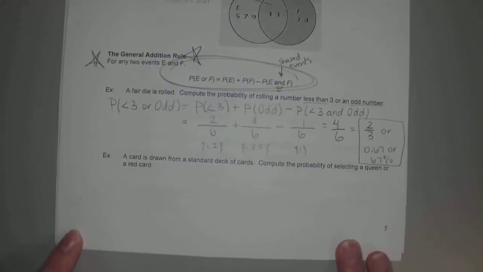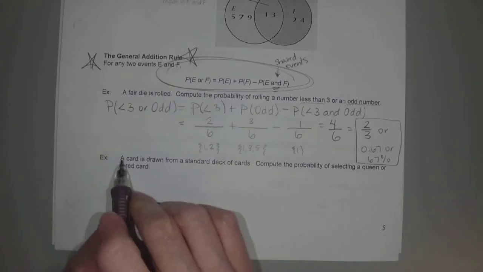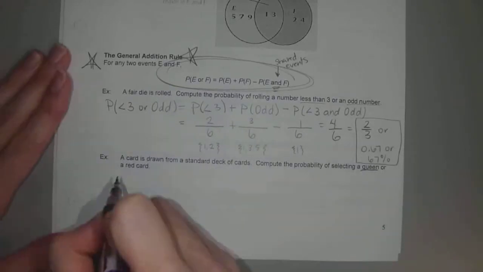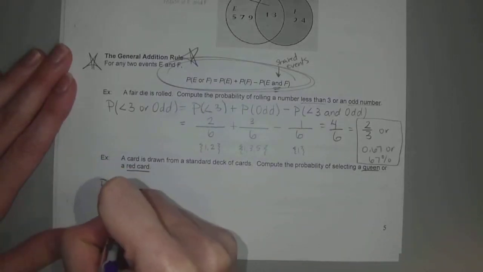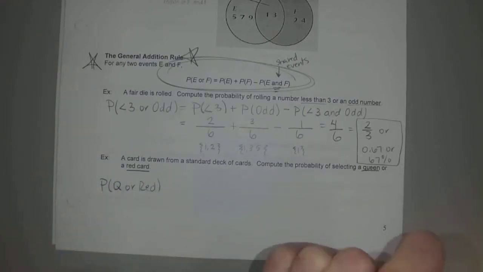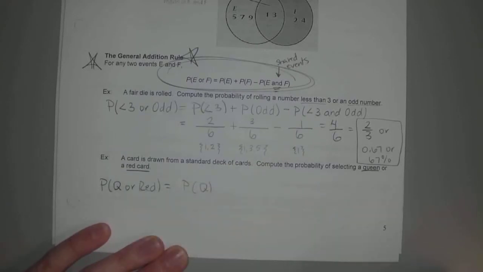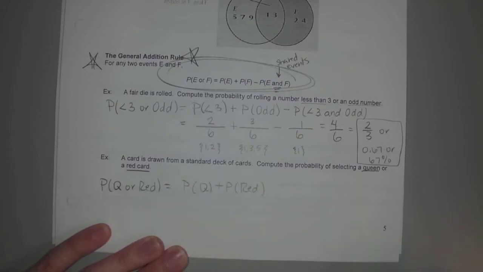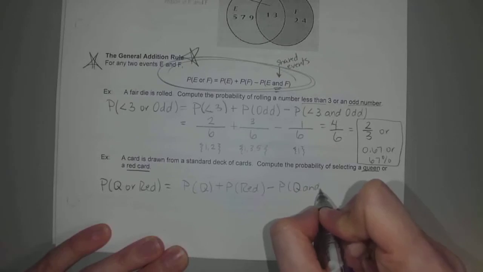All right, let's look at this one down here. A card is drawn from a standard deck. So one card's being drawn. We want to compute the probability of getting a queen or a red card. So the probability of a queen or red. According to the general addition rule, we're going to do the probability of the first event, a queen, plus the probability of the second event, a red, minus the probability of getting a card that's a queen and a red.